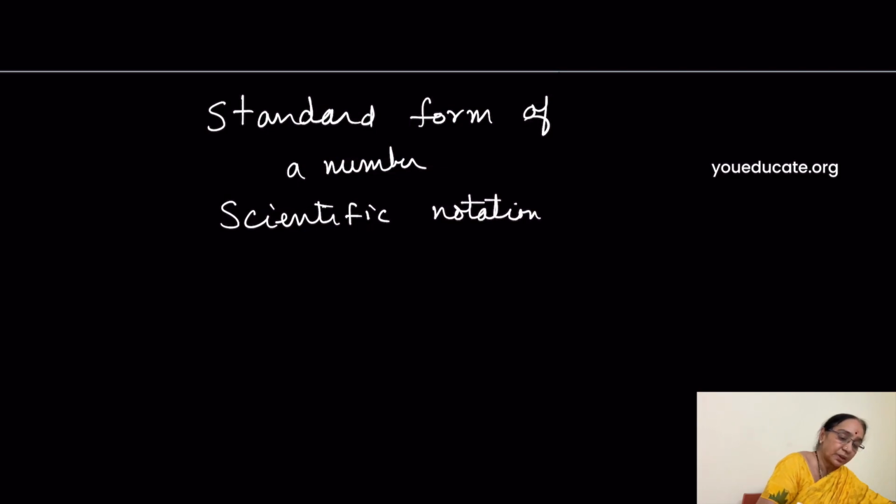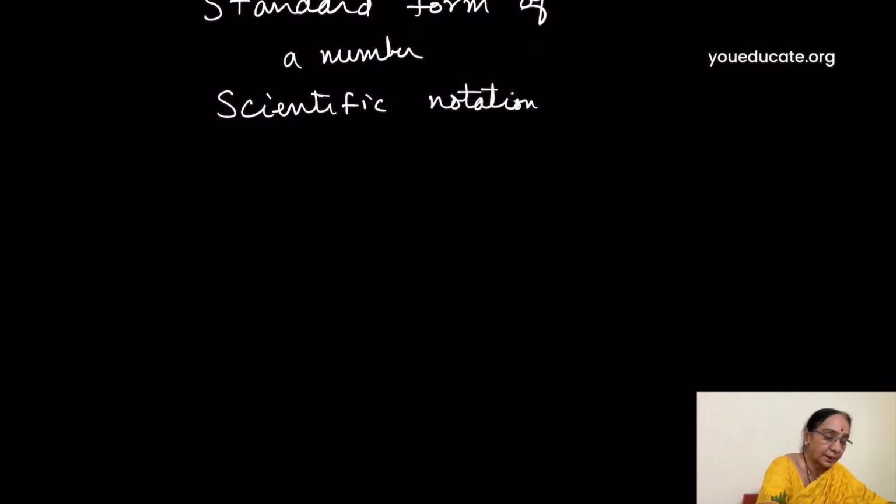Because it's very often used in science like physics, chemistry, where you have to measure the size of the diameter of an atom maybe, or a molecule, or in physics, in astronomy, you will have to measure the distance between planets, the speed of light, the speed of sound, which will involve very large quantities or sometimes very, very small quantities. And to write them in the standard form makes it easier to recognize, and also to carry on with calculations with those numbers.